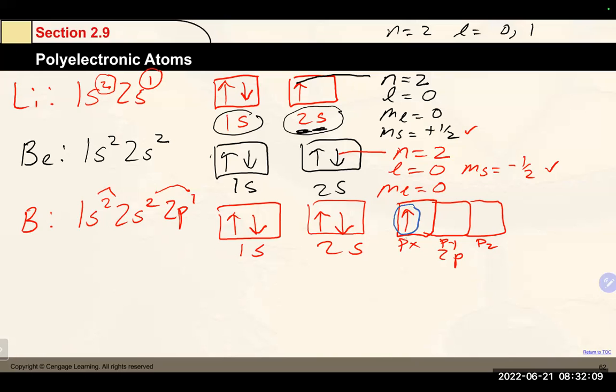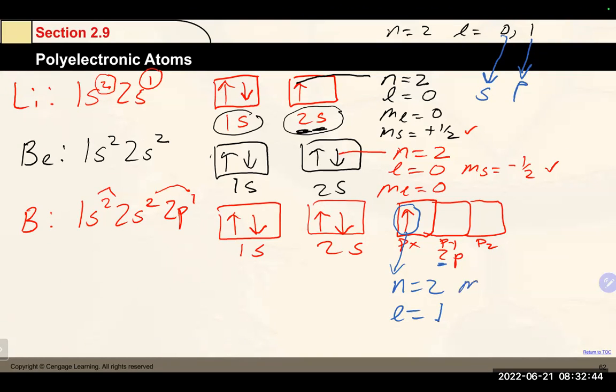since we did the previous one before that, my n value here would still be 2 as we're in the 2p orbital. My L value would actually be which one here? L value should be only 1 in this case. Remember that an L value of 0 is an s, and an L value of 1 is for p orbitals. Since we're specifically talking about the electron in the p orbital, it does need to be an L value of 1. It could not be 0.